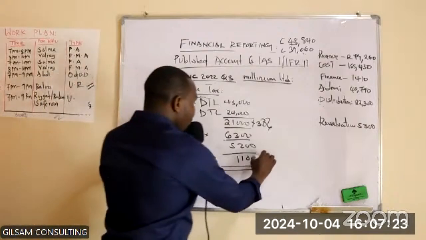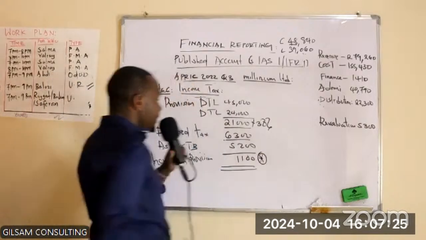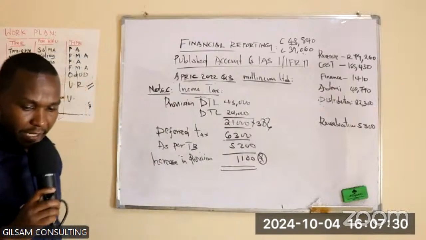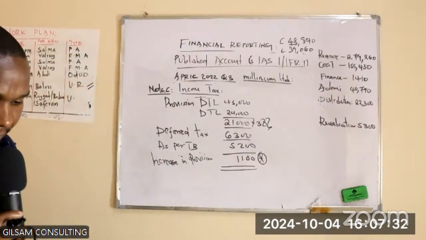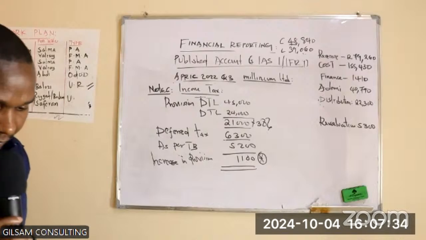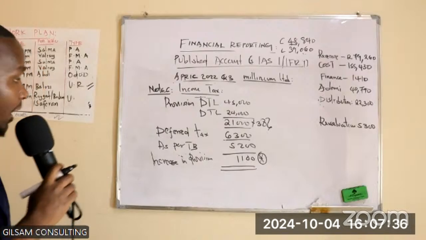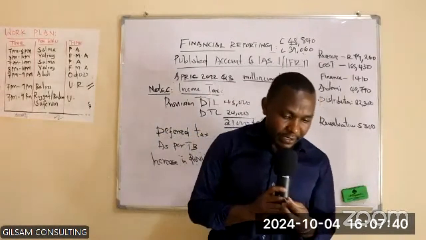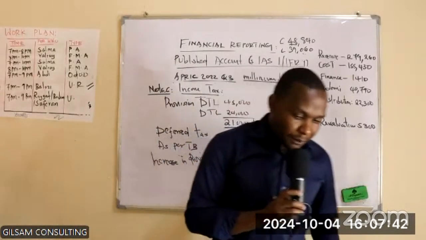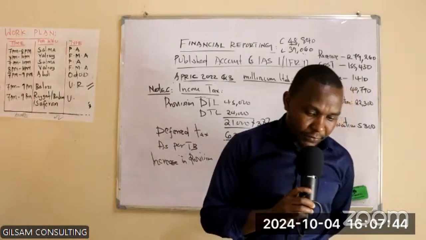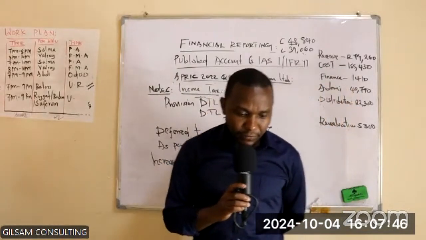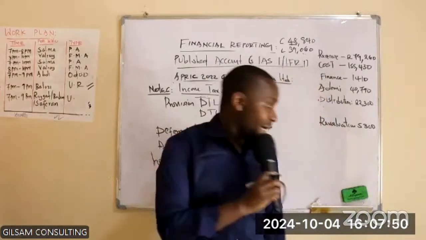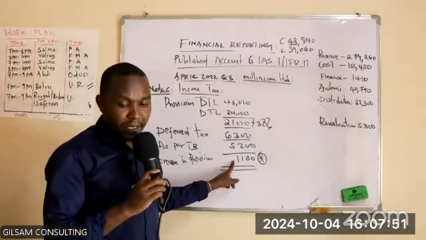So Millennium company has to pay this 1,100. And so now we have the corporate tax, which is provided there in note number 6. A provision for the corporate tax of 24.5 million for the year ended. So we will take that 24.5 plus this.